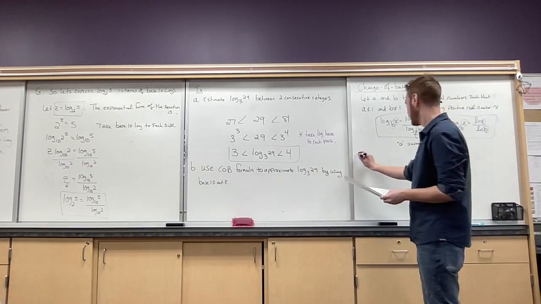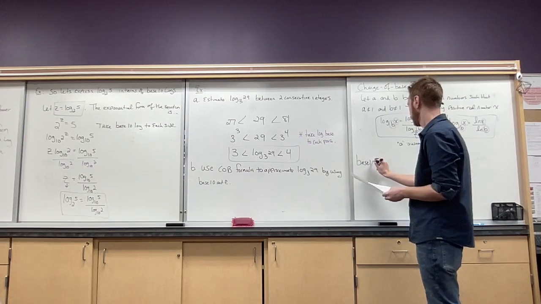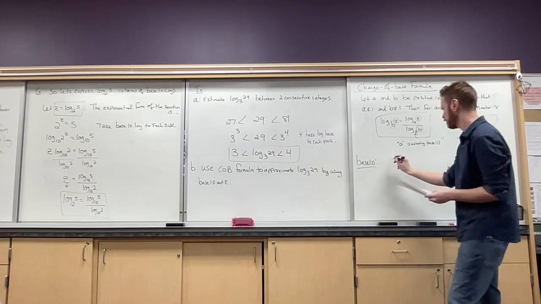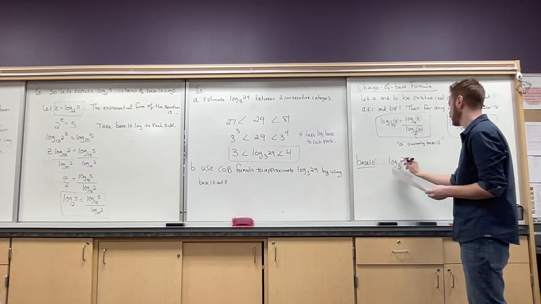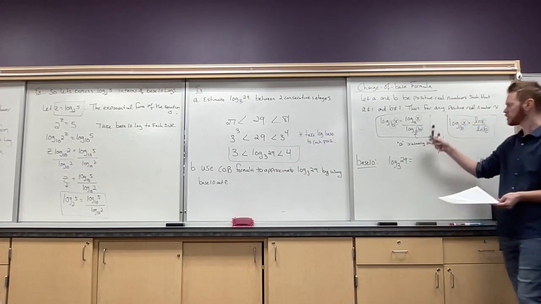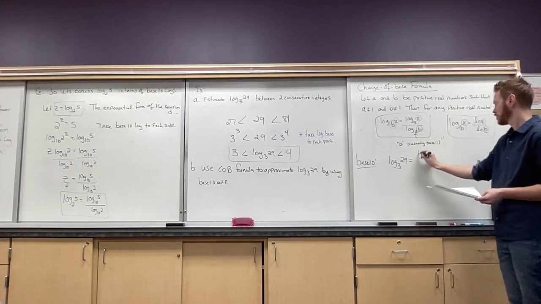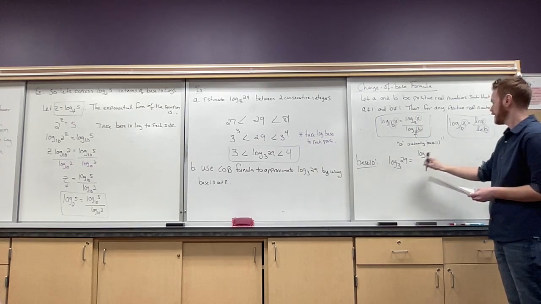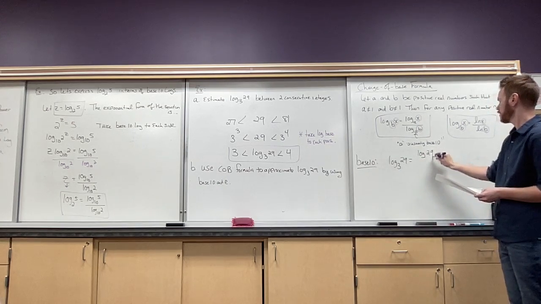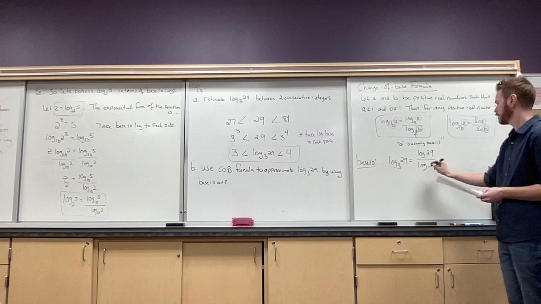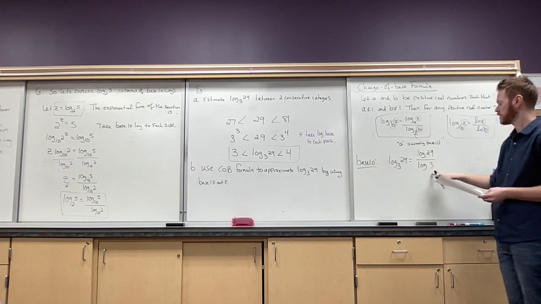Okay, let's look at the base 10. Okay, let's see if we can convert it. So log base 3 of 29. So I'm using this formula up there. Okay, so this is going to be log, and the argument is in the numerator, and then log of what the base was is in the denominator.